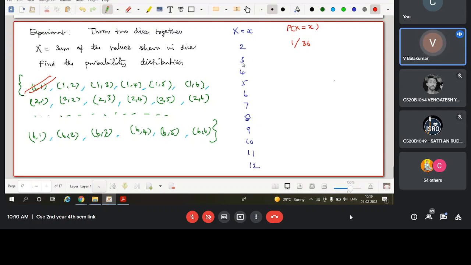What about summation 3? 2 by 36. Summation 4, 3 by 36. Summation 5, 4 by 36. You think about this, okay? What about summation 7? 6 by 36. Summation 8?